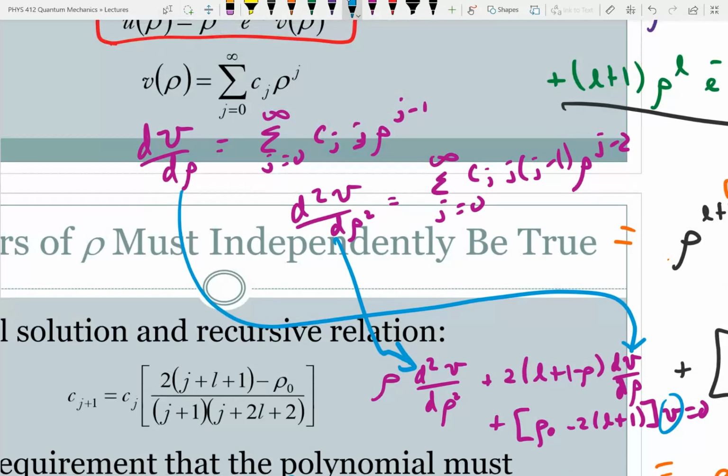And then it says, well, we can rewrite this as the sum of j equals 0 to infinity of C sub j plus 1. So we change the index by 1. I don't have space to write it, but shift the index by 1.